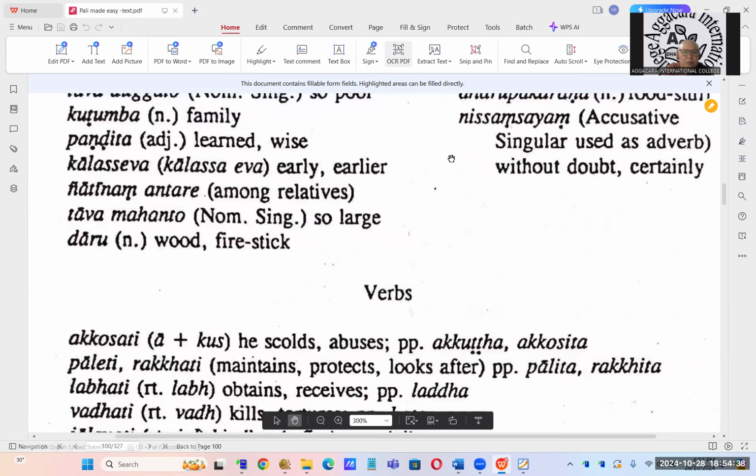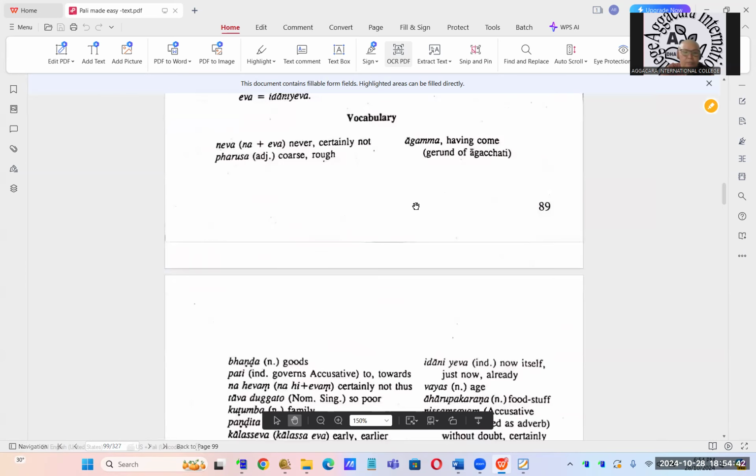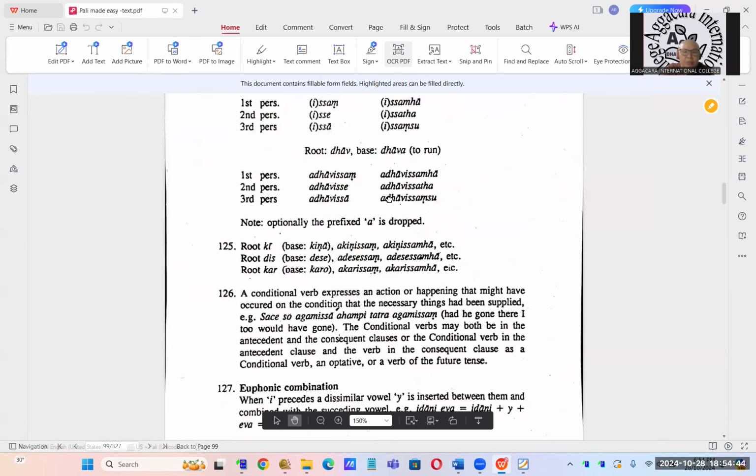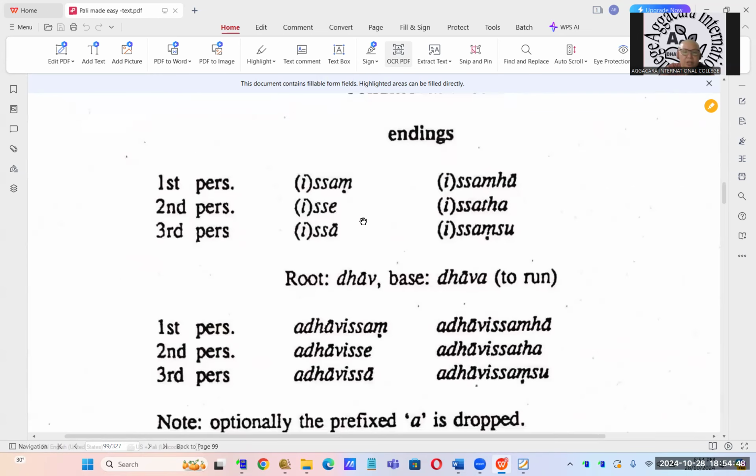Okay, we look at how we form it first. Actually, we seldom use it, but once in a while we might come across it in the sutta. When you see it for the first time, what does it look like? It looks like a future tense, with the "issa."